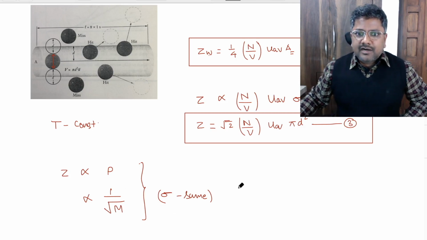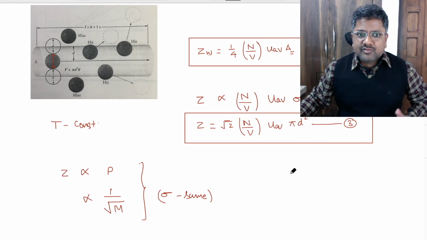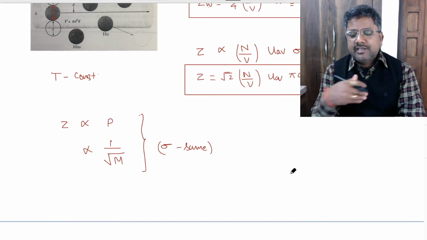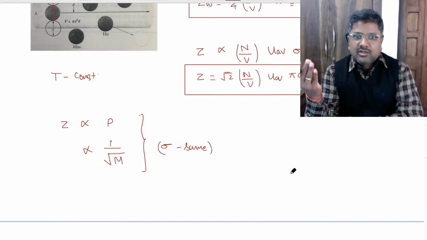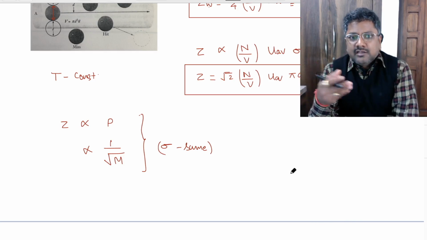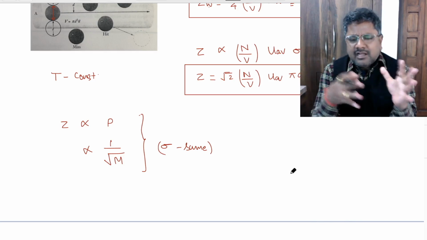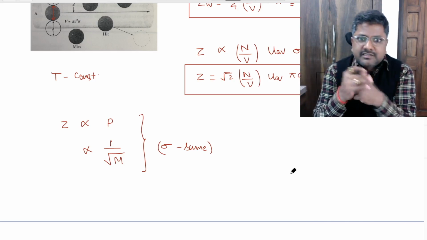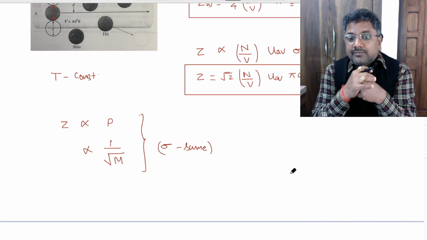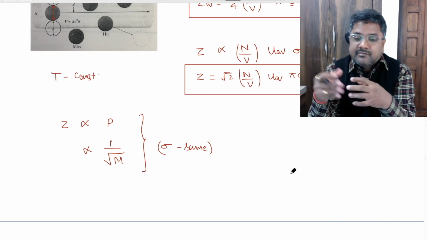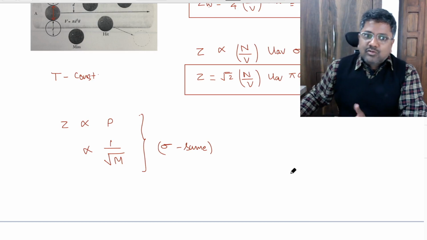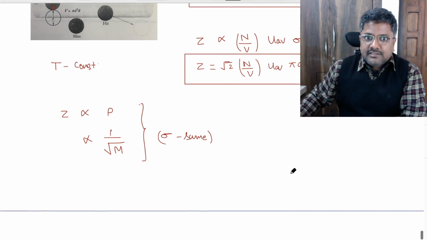And Z is directly proportional to sigma, the collision cross section. If other things are the same, pressure is the same, and you are comparing different gases that have different sigma, then Z is different. The more the value of sigma, the more the value of Z, right?